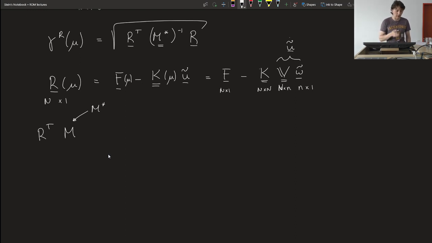Right now in our mass matrix, we're using the H1 inner product, potato potato. So r transpose M r is what we're going to compute, and after that we take the square root.